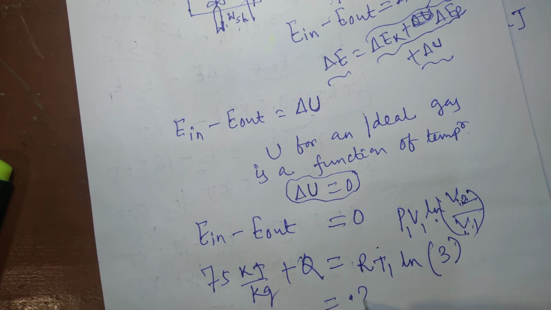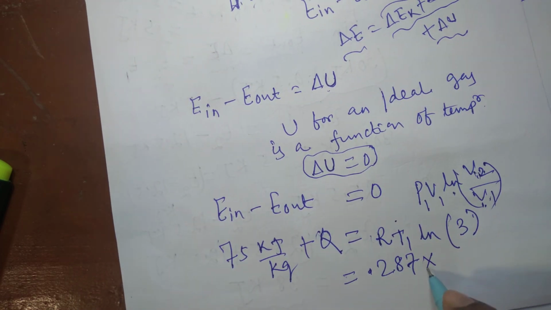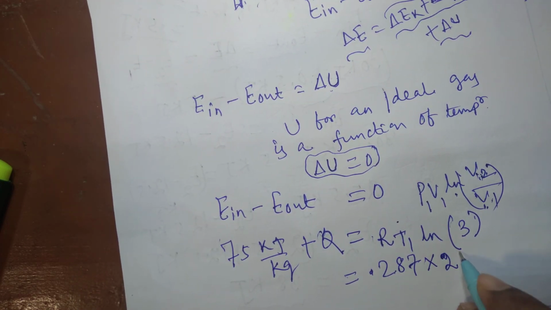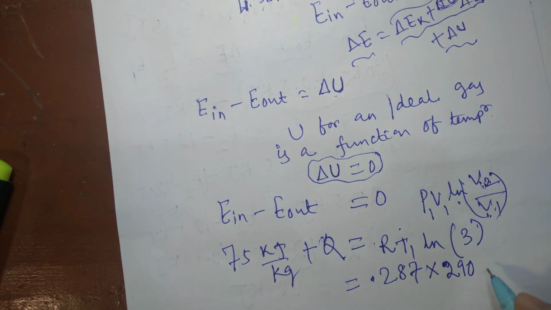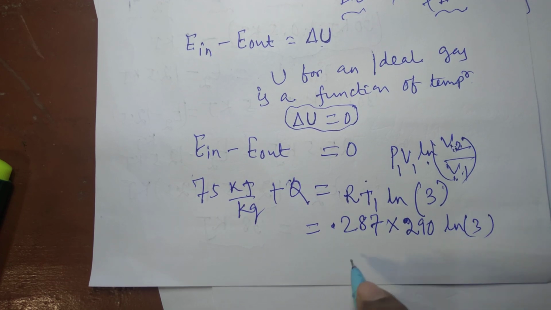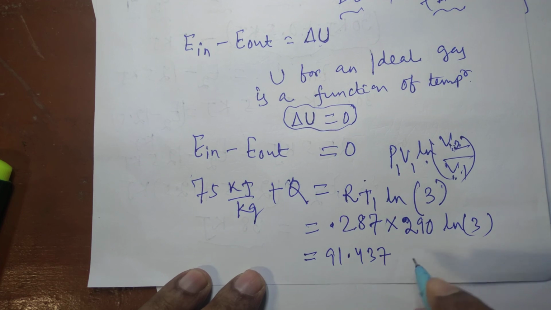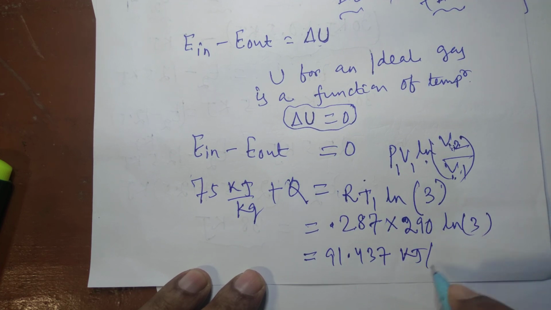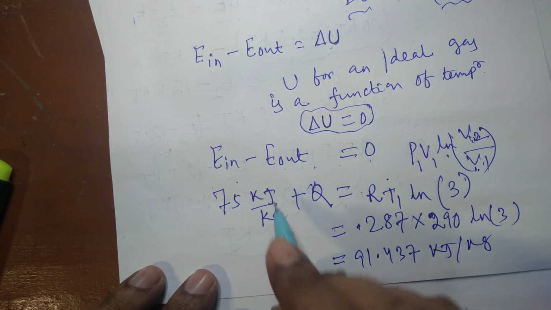R for air is 0.287 and absolute temperature is 290, 17 degrees Celsius being equivalent to 290 K. So 0.287 times 290 ln 3 is equal to 91.437 kilojoule per kg.